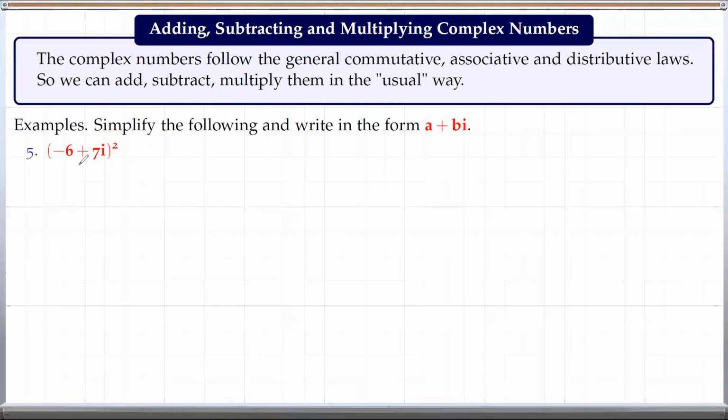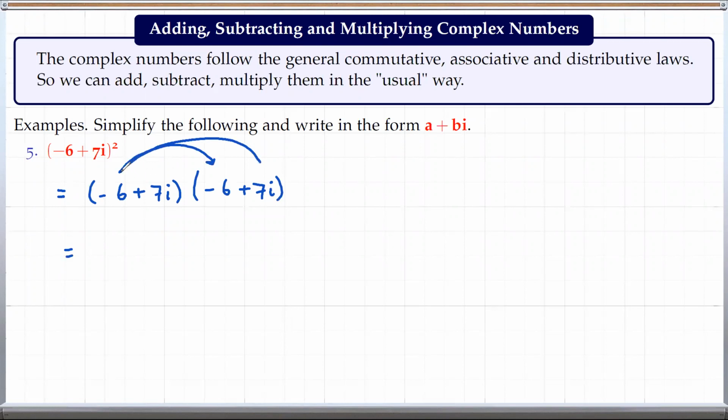Here we want to square this complex number, negative 6 plus 7i. And for that, we can simply write 2 copies of this complex number and then multiply. So basically, you have negative 6 times negative 6 and negative 6 times 7i. And then you want to do 7i times negative 6, 7i times 7i.